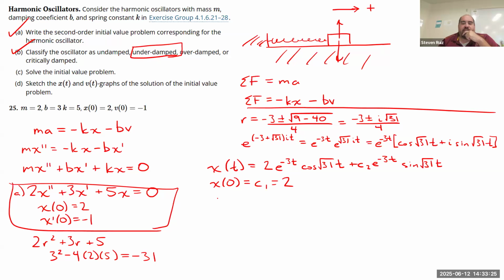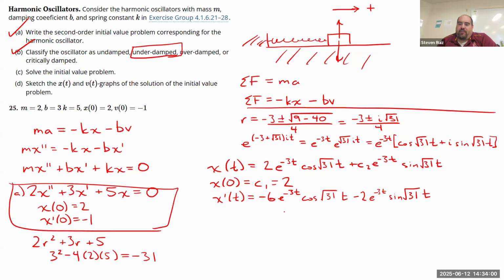So first, I need to figure out the derivative. So what is x prime of t? I'm going to need to use the product rule for both of these. All right, so this should be negative 6 e to the negative 3t cosine radical 31t minus 2 e to the negative 3t sine radical 31t.